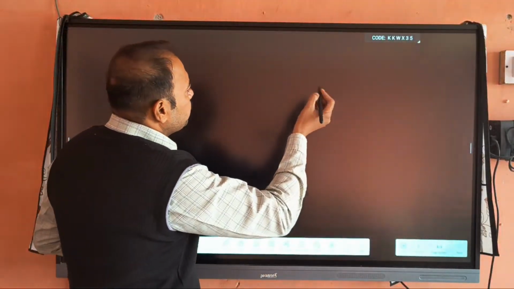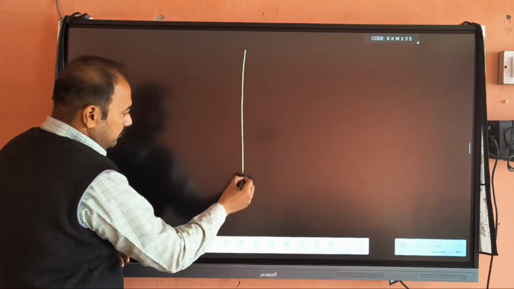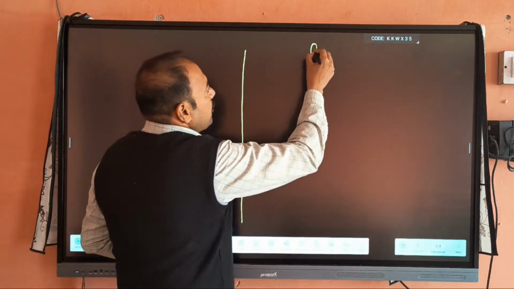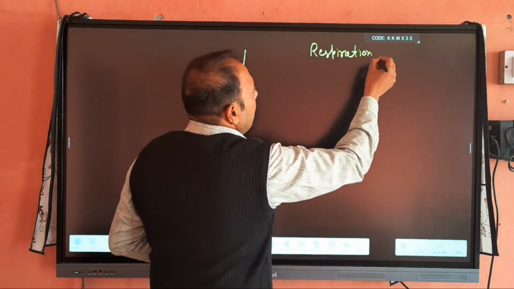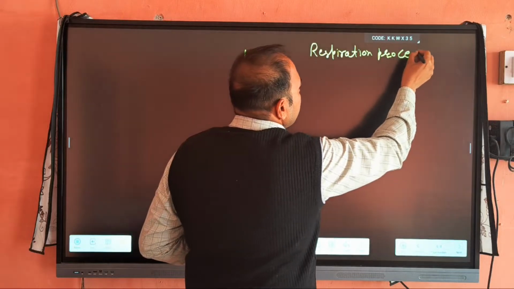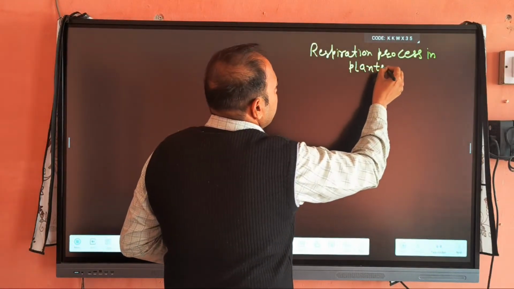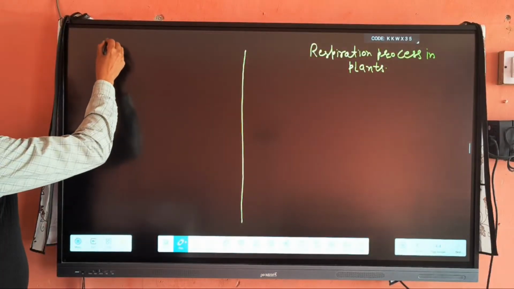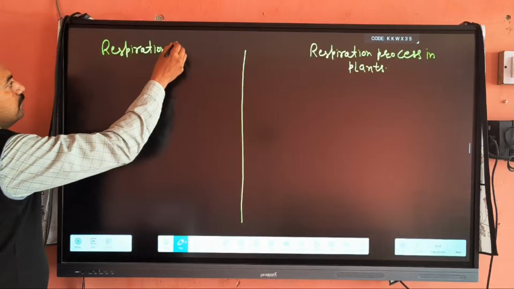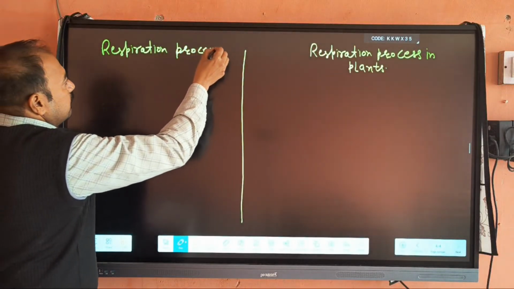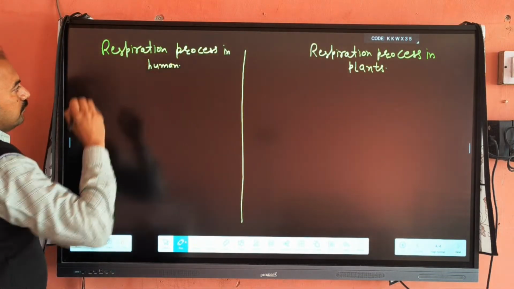For example, we make a line here: respiration process in plants, and here respiration process in humans.